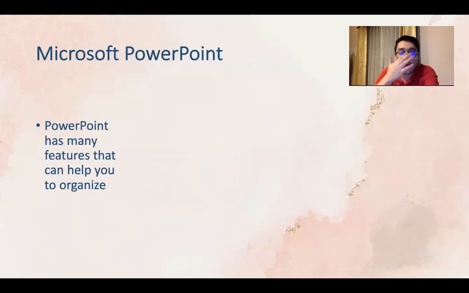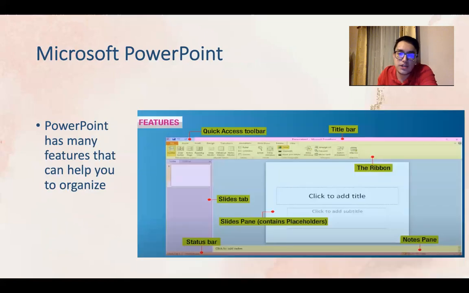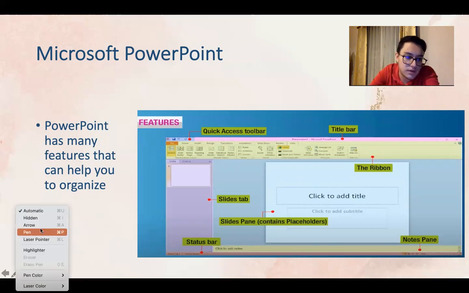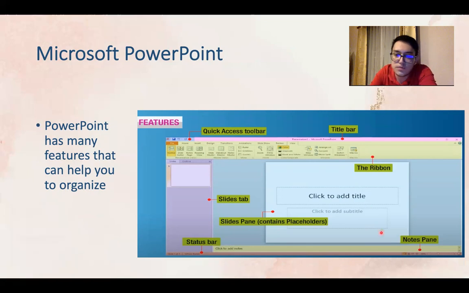Now, about our new lesson. PowerPoint has many features that can help you to organize, such as title bar, the ribbon, notes pane, status bar, slide pane, slide tab, and so on.